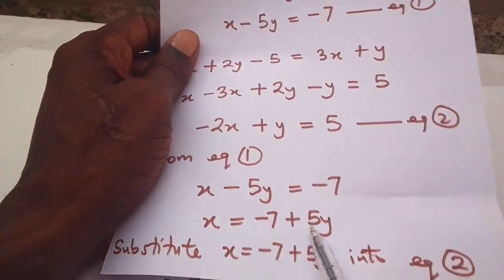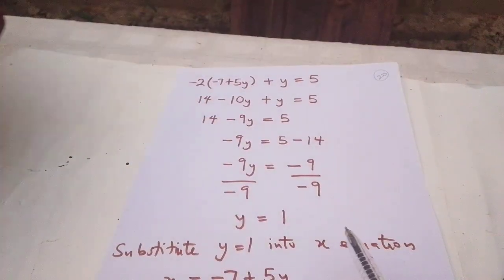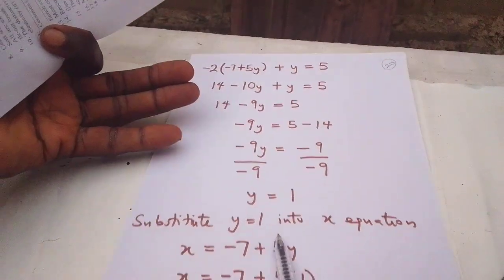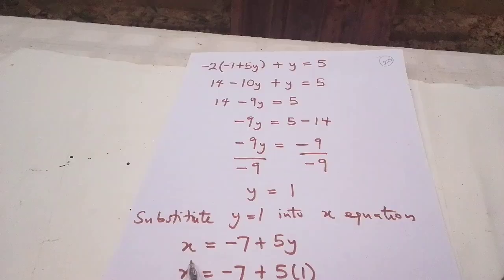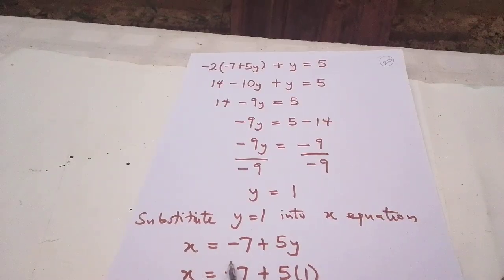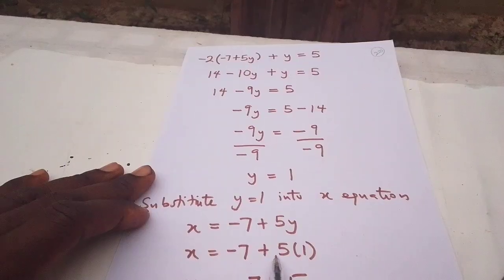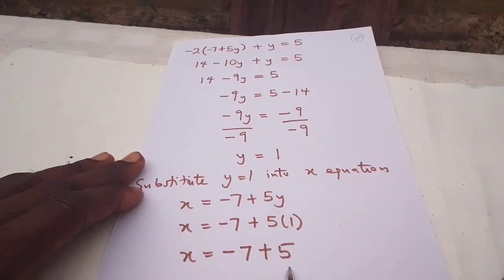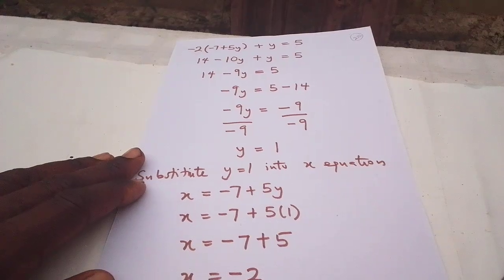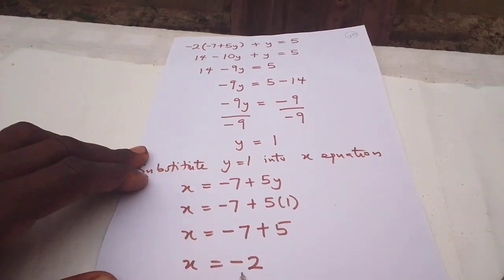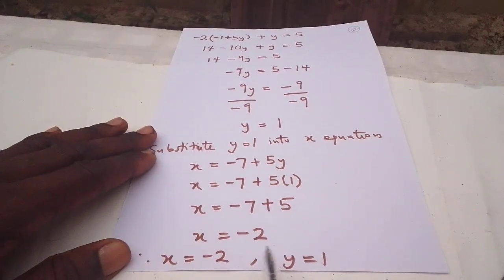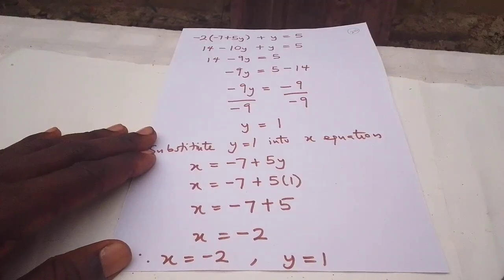So in place of y, you are now going to put what? 1. So you have minus 7 plus 5 times 1. 5 times 1 is 5. Minus 7 plus 5 will give us what? Minus 2. So it means that the value of x is minus 2 and the value of y is 1.